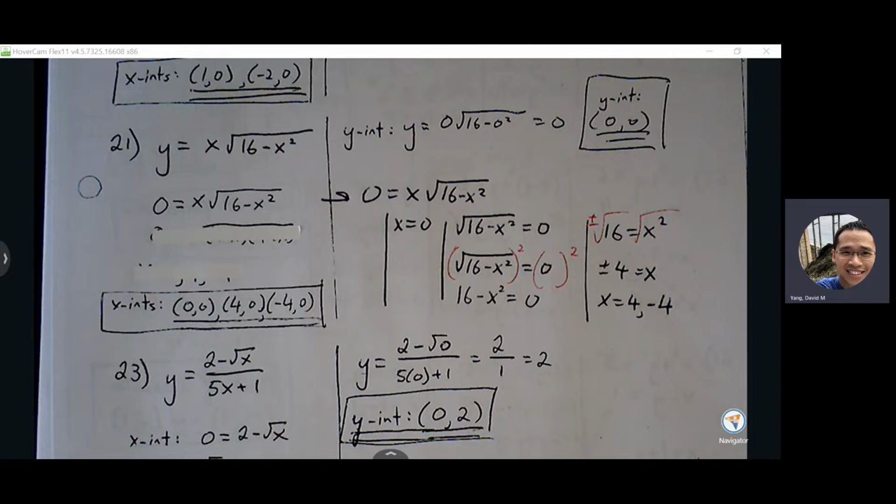It's kind of like the previous problem, where if I had x plus 2, x minus 1 equal to 0, these are completely separate, so I can set both equal to 0 apart from each other. So I can do that here as well, because these are being multiplied, and also because there's a 0 on the other side.